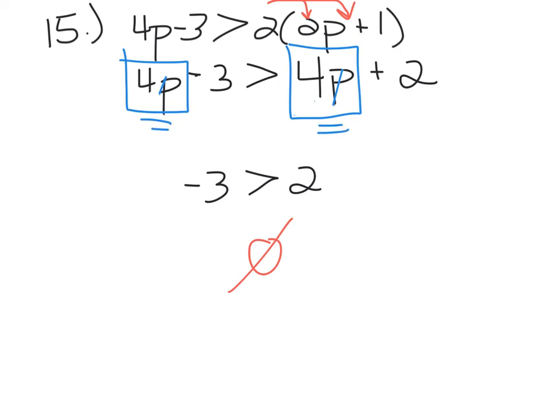It's the same number because p is the same number. How can I take 4p and subtract 3 and have it be bigger than taking 4p and adding 2? It just doesn't make sense. So I know my answer has to be no solutions.